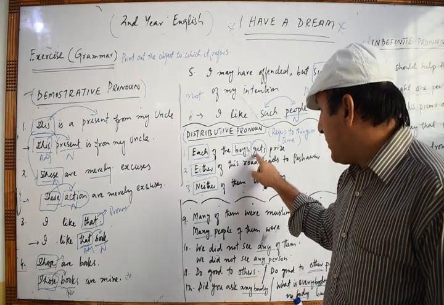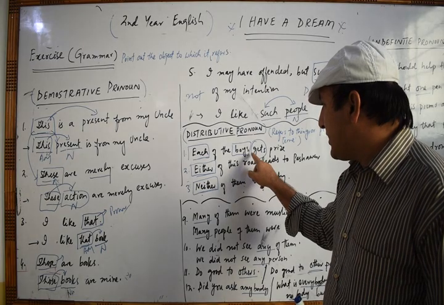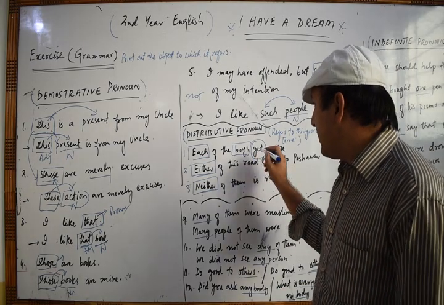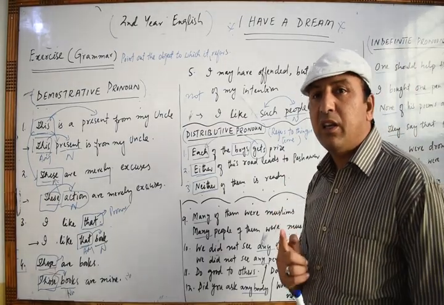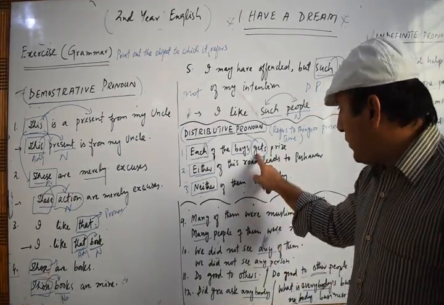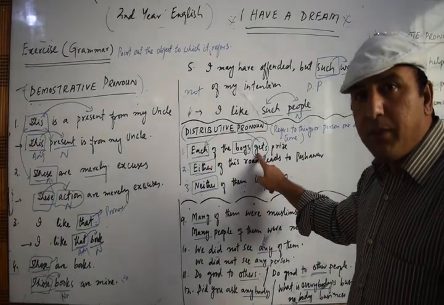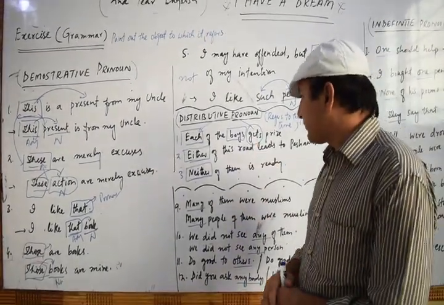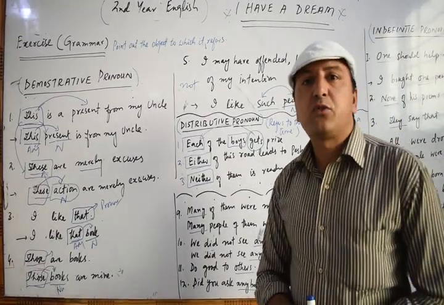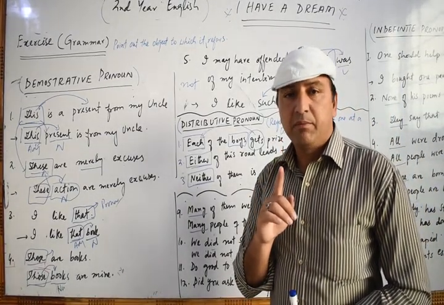So the verb which is used in this sentence will be according to what? According to each. Each refers to one person or one thing in a group, so the verb would be a singular verb. I repeat, each refers to one person at a time in a group.